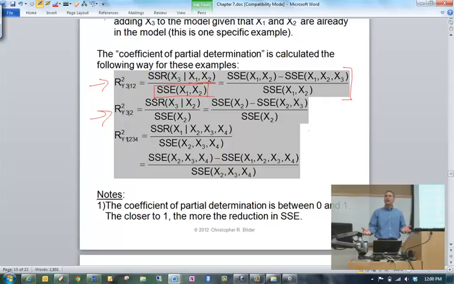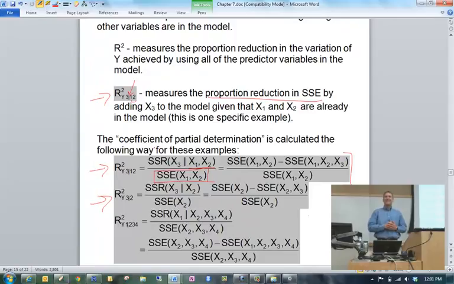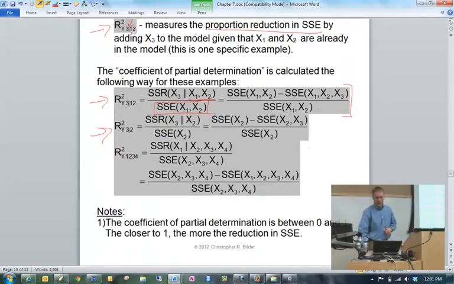What's the numerical range of these coefficients of determination? Between 0 and 1, because we're looking at the proportional reduction. You remember, this SSE is always going to be less than this particular SSE. And of course the SSEs are all positive.